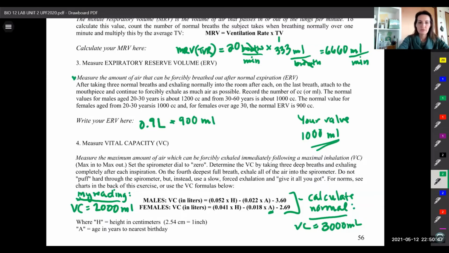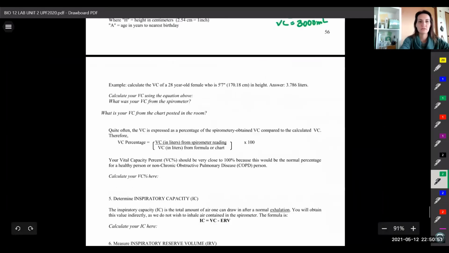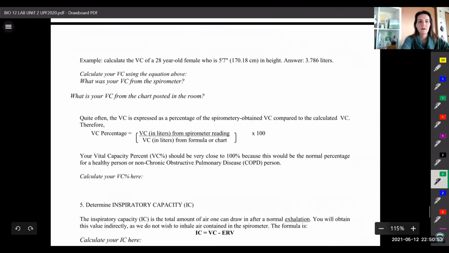Right. And so I'm going to take my numbers here and use them on the next page. I have calculated my VC using the equation, and I have my VC from the spirometer. That was 2,000 milliliters. The equation gave me 3,000, right?